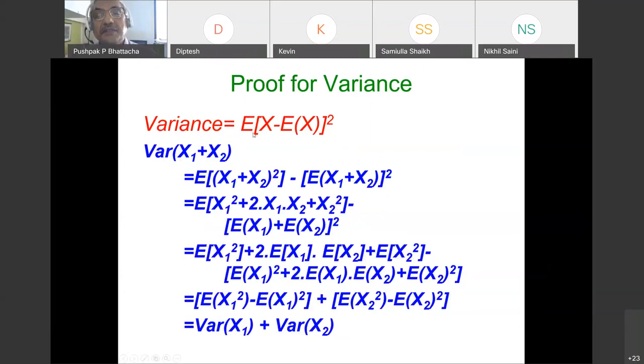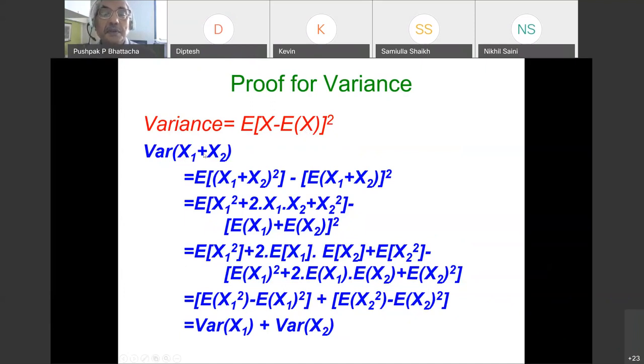Now, variance is defined as the expectation of the square of the difference between the value of the random variable and the mean of the random variable. So variance is the expectation of (x minus E[x]) square.